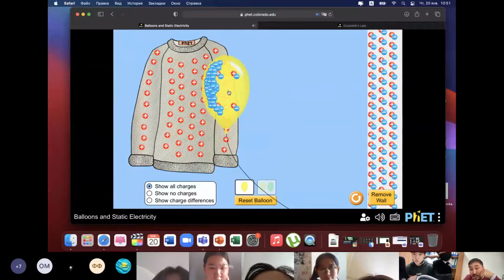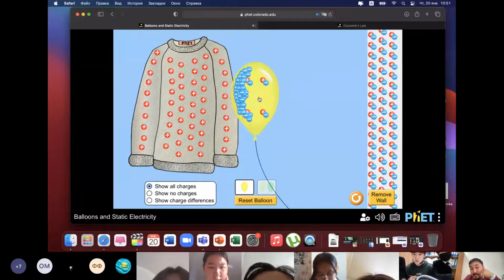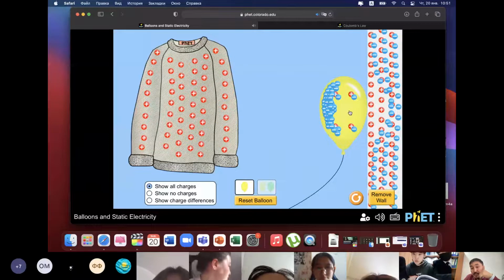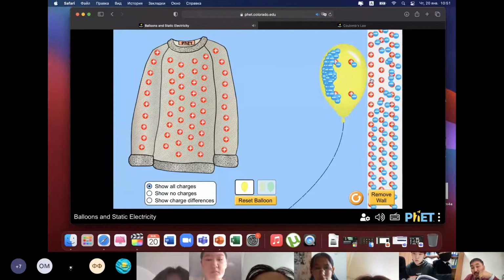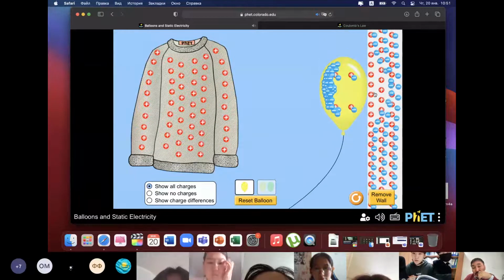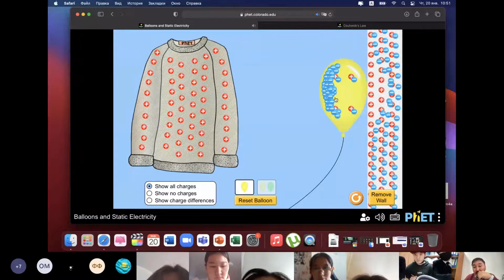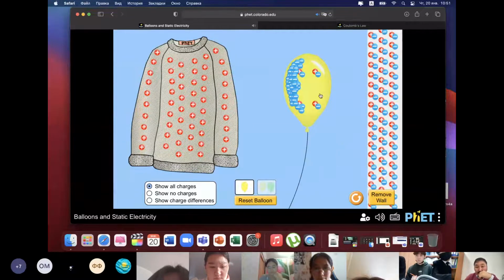But when I come closer to a wall, what happens? Like charges repel. Yes, of course, the negative charge that I have here will repel the other negative charges that are on the wall. You see? You understand? Okay.